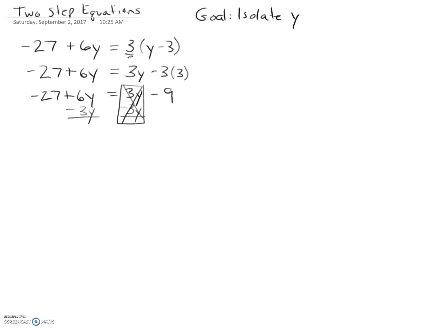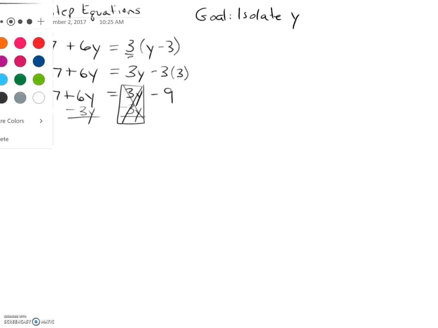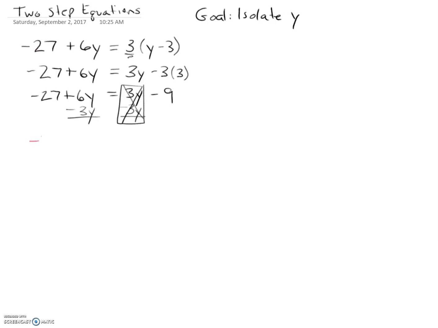There's nothing left on the right side anymore. Now I have negative 27 plus 3y equals negative 9. So there's our one step in solving. We did have to clean it up a little bit here by distributing. Like terms again, negative 27 and negative 9.